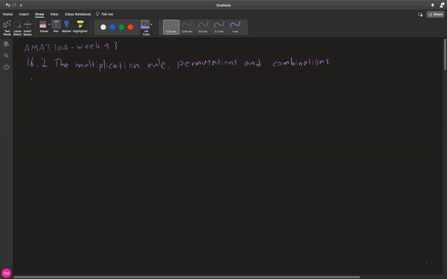So before we do anything, let's start with the definition. So counting. This chapter is all about counting. Remember last class we learned about the sample size, and this is something similar to that.